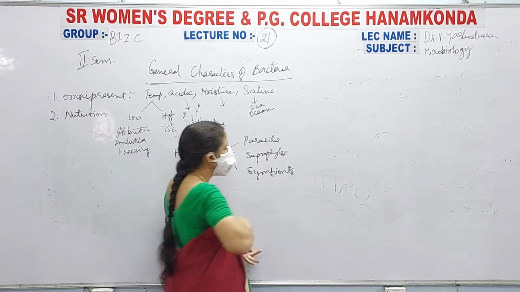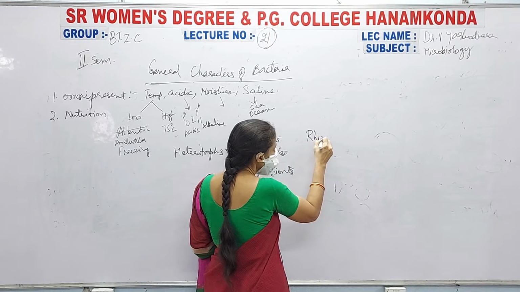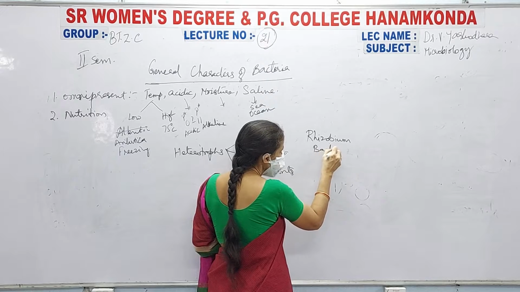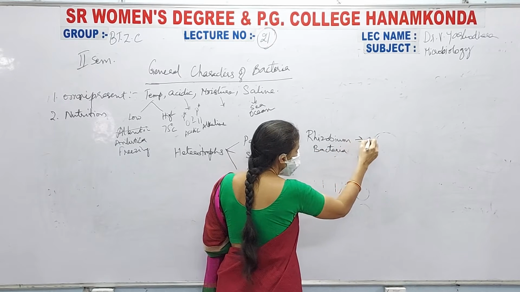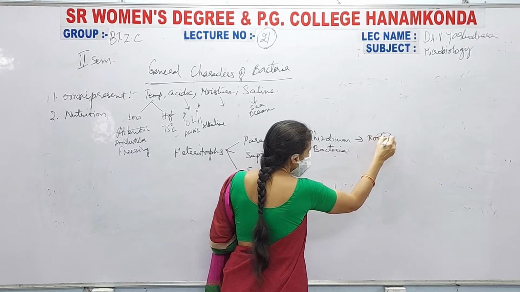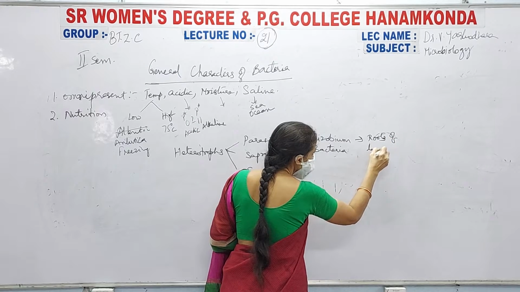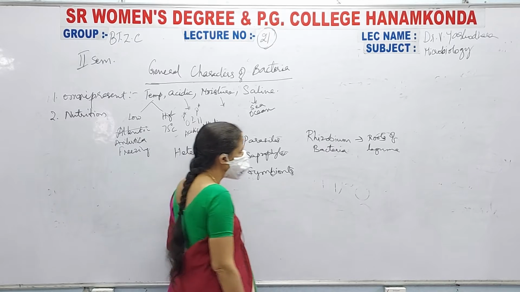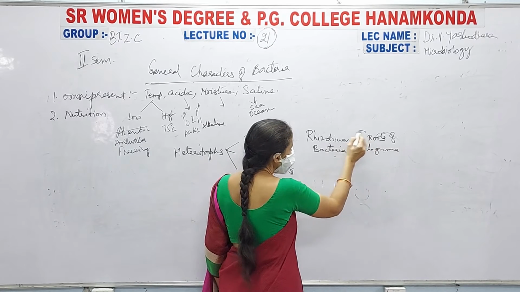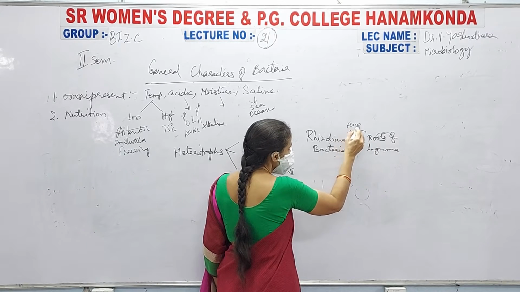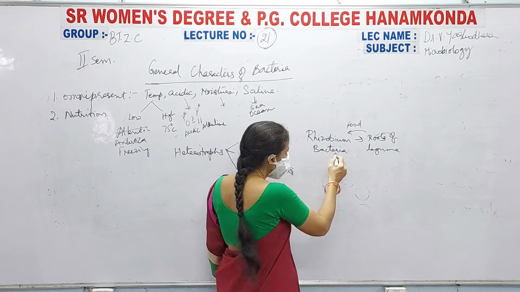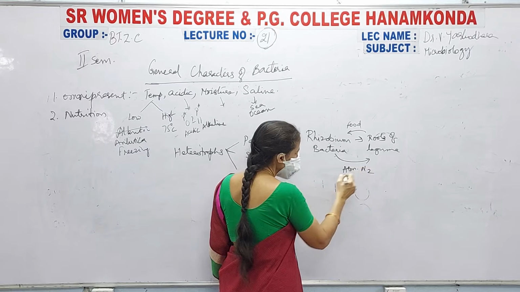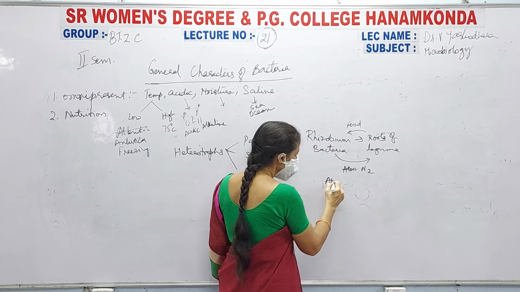An example is Rhizobium bacteria, which lives in the roots of legume plants. The roots give food to the Rhizobium, and the Rhizobium fixes atmospheric nitrogen.